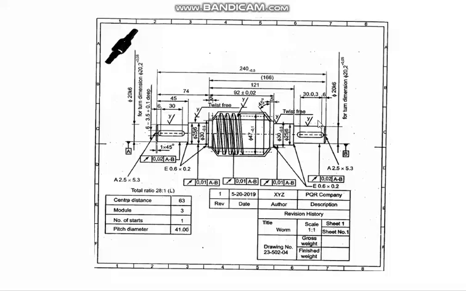Actually, you can see they are talking about datum A and datum B, and how other things are, and also here the title is given. The title of this drawing is worm.